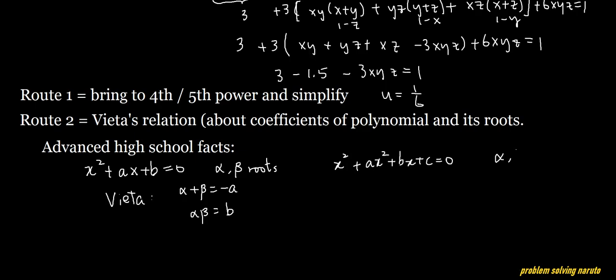So what if you have a cubic? And you have alpha, beta, gamma as the roots. Then the sum, so basically the elementary symmetric polynomials, would be negative a.